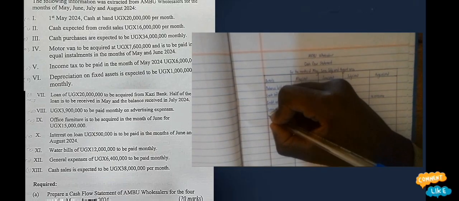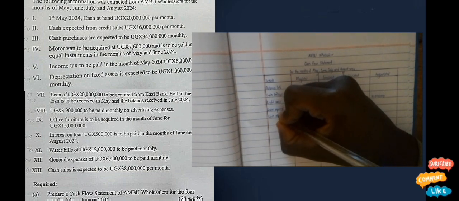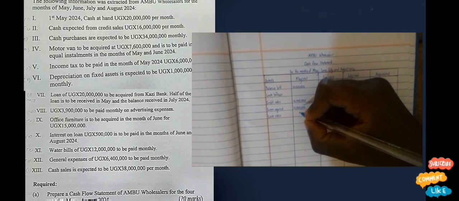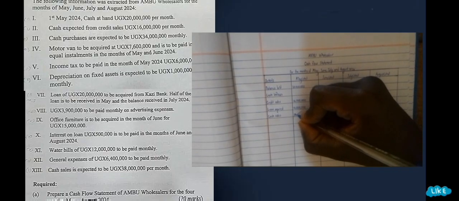So we are moving on to the other transaction, which is cash sales. Roman numeral 13, cash sales. Cash sales is expected to amount to 18 million per month.